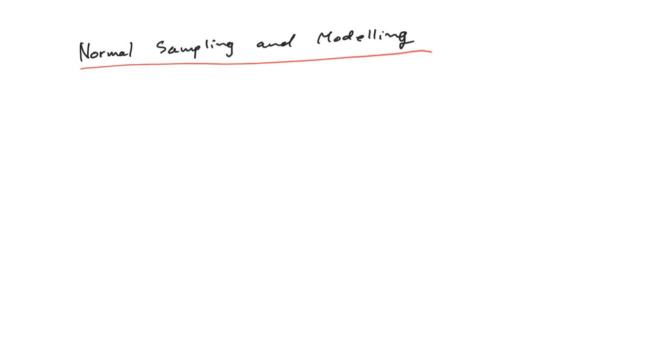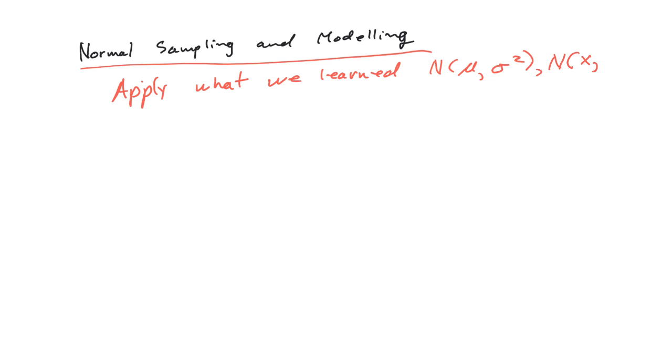So today what we're going to study is normal sampling and modeling, right? We want to know if you can explain normal sampling and modeling, and the key idea is to apply what we've known and what we learned in the previous lesson, which is N of mu, sigma squared, or N of x-bar, s squared.